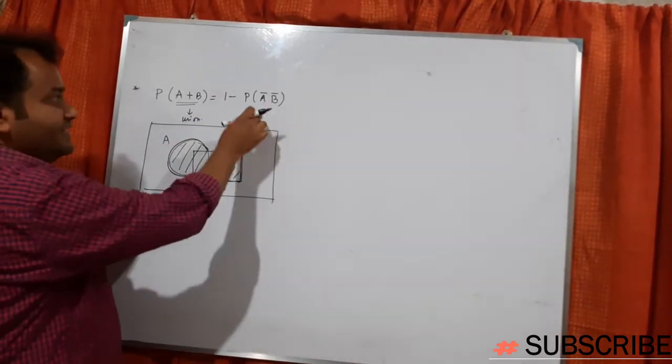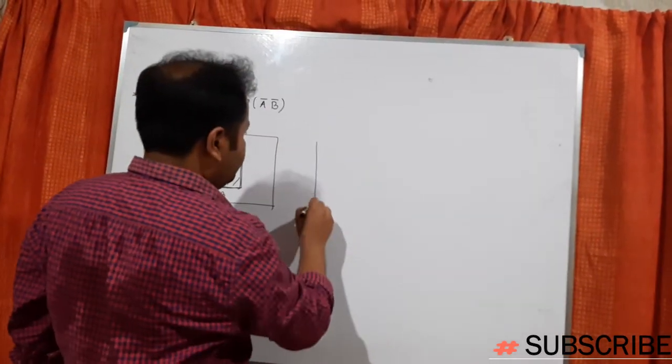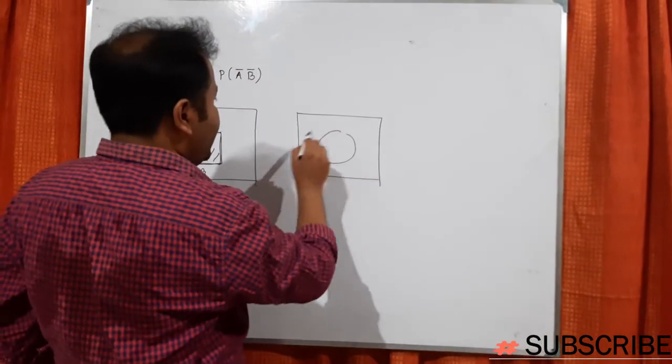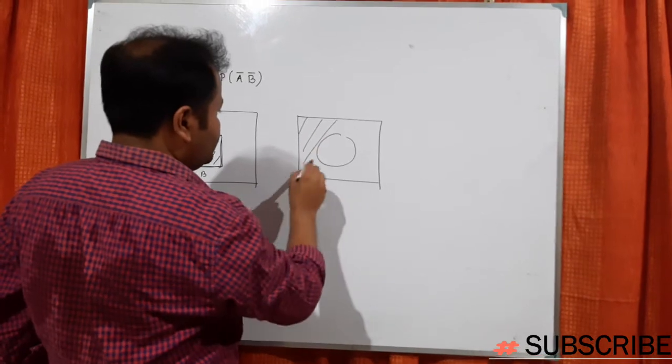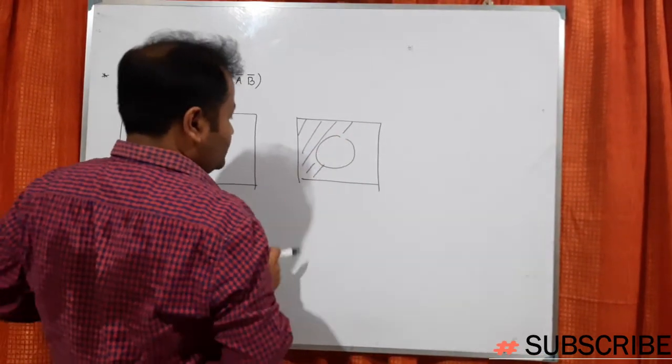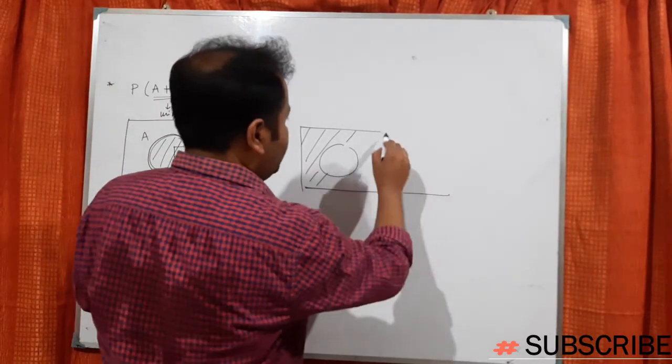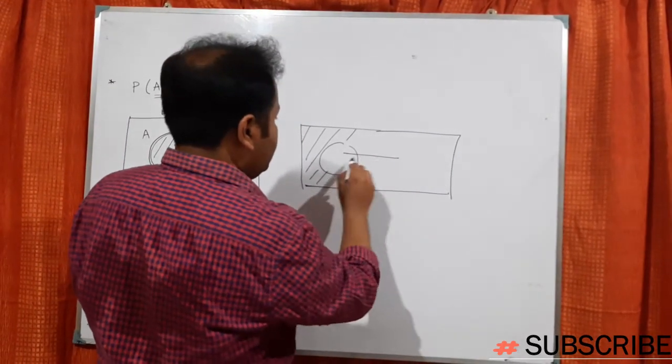Now go to the right hand side. What is A bar? So this is U. A bar means, let me just draw the same thing so that you can understand.